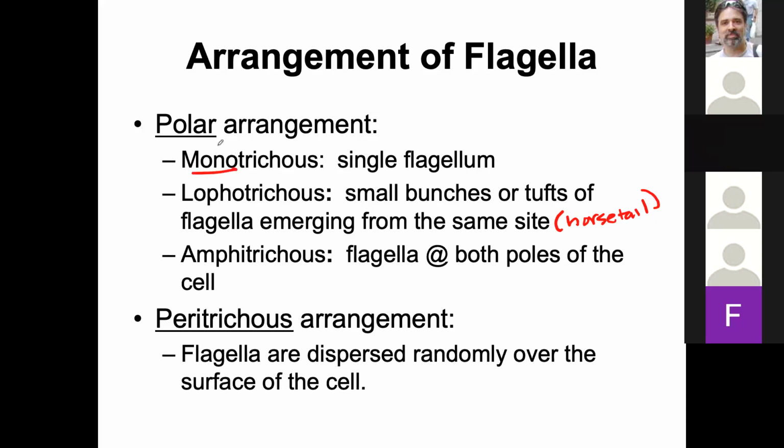Mono means one. Lopho means tuft. And amphi means between. So the amphitrichous condition is between monotrichous and peritrichous.